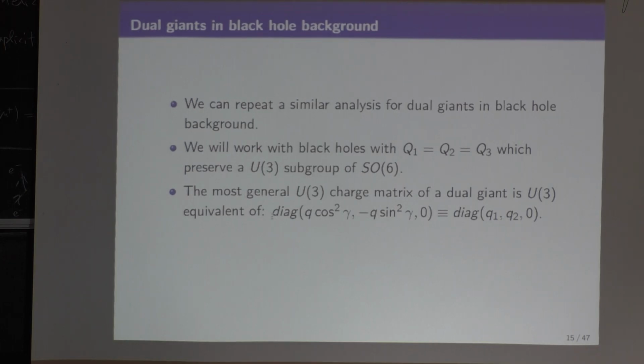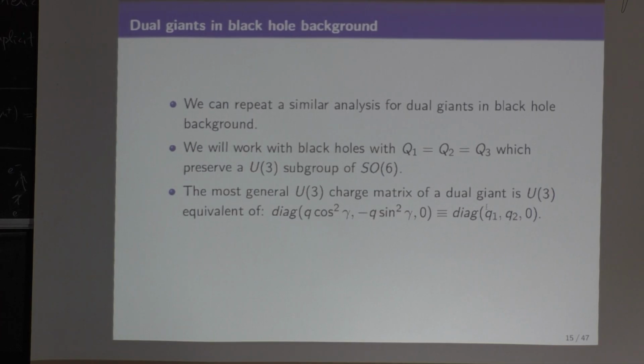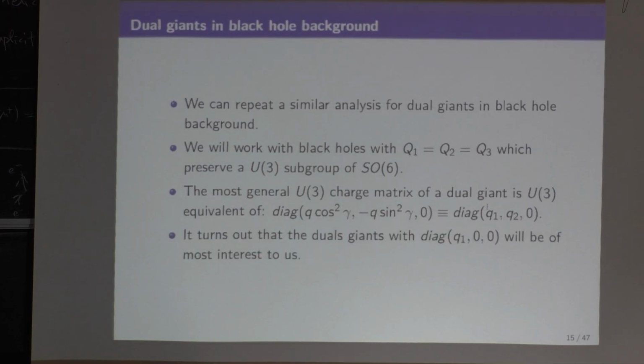A general charge matrix, which will be in the adjoint of U(3), so a 9x9 matrix, is U(3) equivalent to a diagonal matrix with two unequal charges. This one can easily show. It turns out that the dual giant gravitons which will be important are the ones which have only one non-zero eigenvalue.